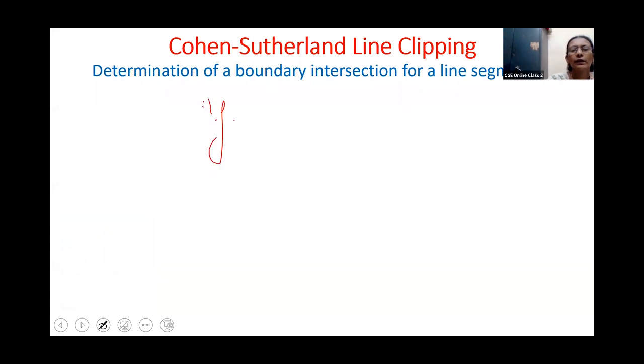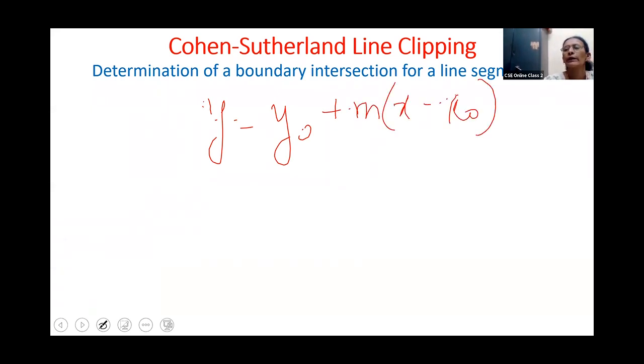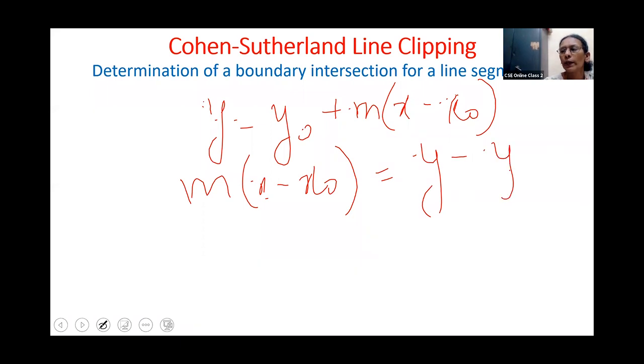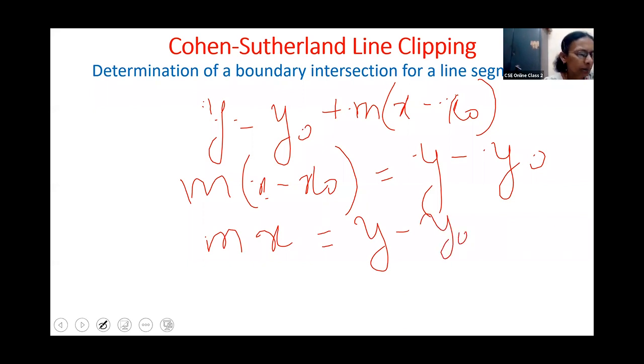I have y equal to y naught plus m into x minus x naught, or m into x minus x naught equal to y minus y naught, or m x equal to y minus y naught plus m x naught.